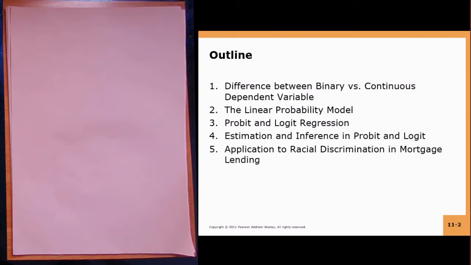We will look at how to estimate the probit and logit models, and how you infer the results of probit and logit models. All of this we will do by referring to a particular application, which is whether there is any racial discrimination in mortgage lending.